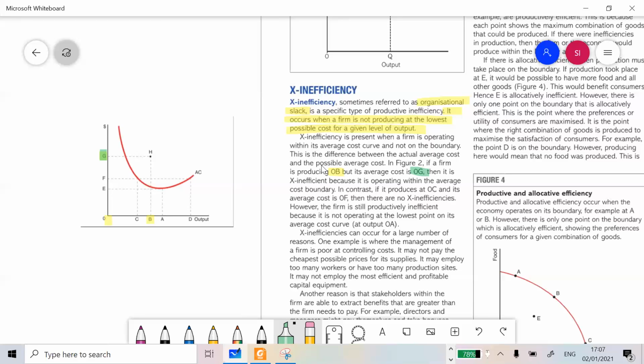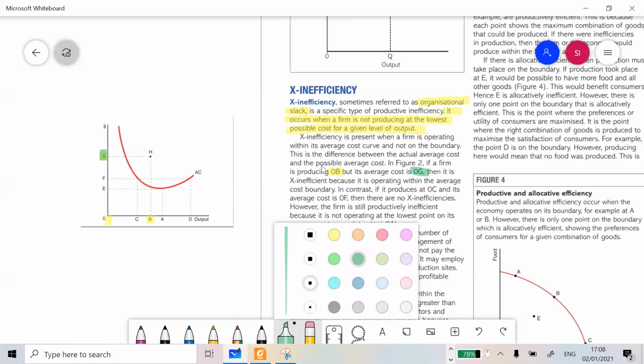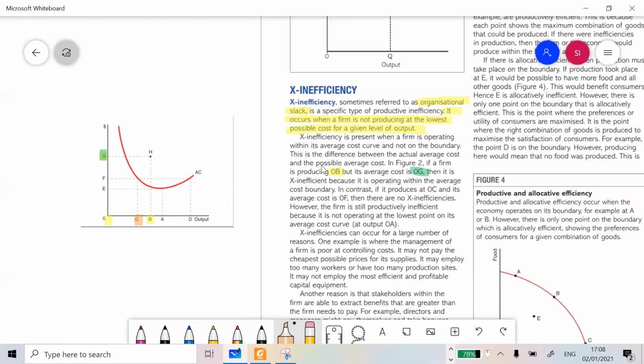In contrast, if it produces at 0C and its average cost is 0F, so let's look into that point, 0C to 0F, this point, then there is no X inefficiency. Why? Because now they're able to produce on the average cost line.